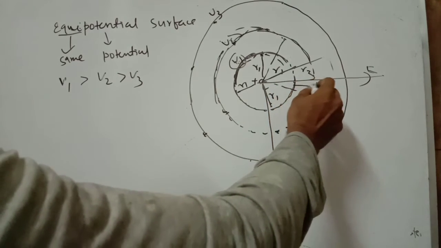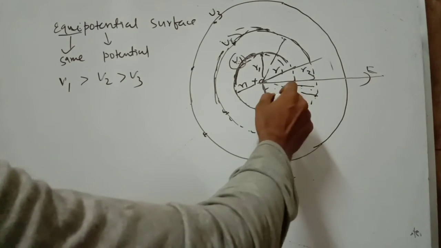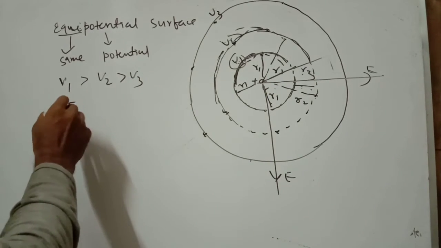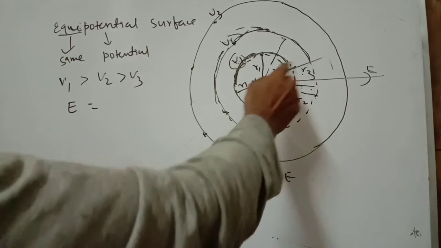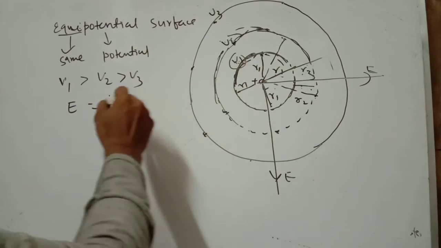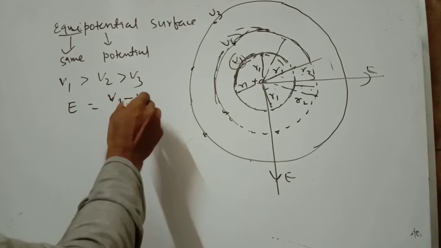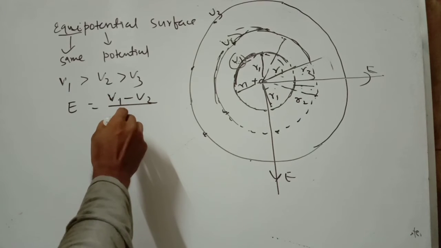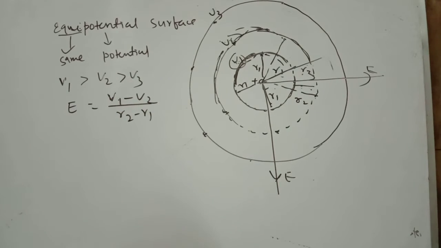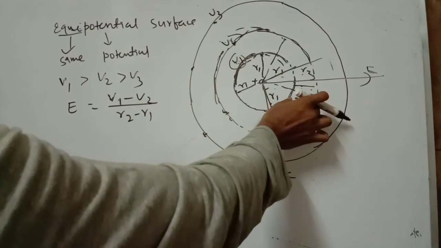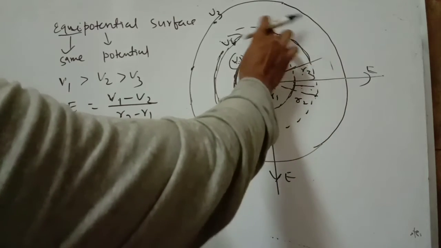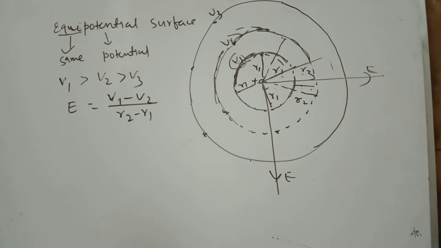If the distance is given, which is R2 minus R1, you can write the electric field between the two surfaces as V1 minus V2 divided by R2 minus R1. It gives the electric field between these equipotential surfaces.